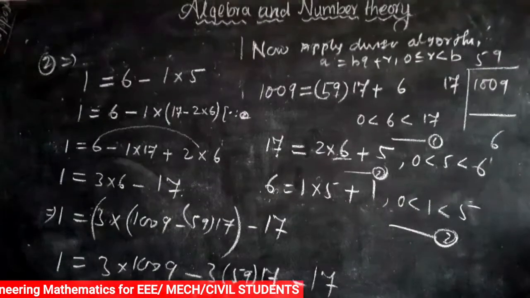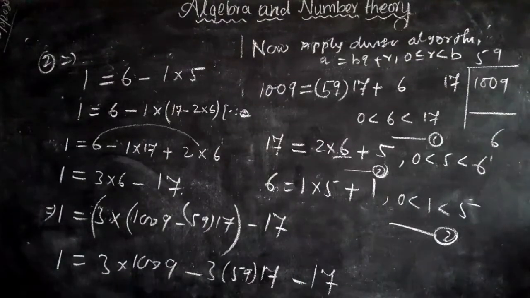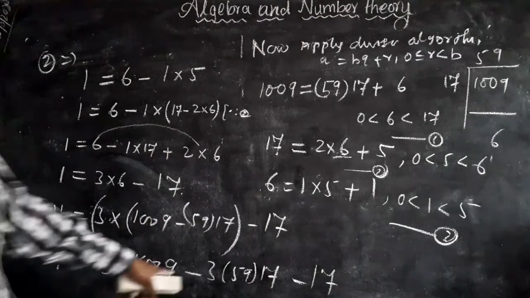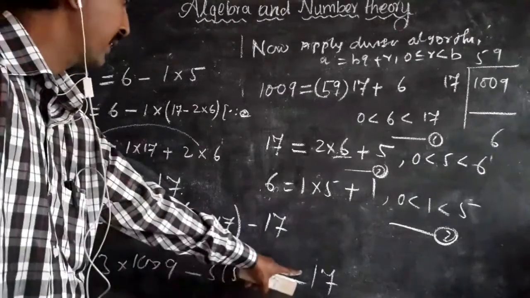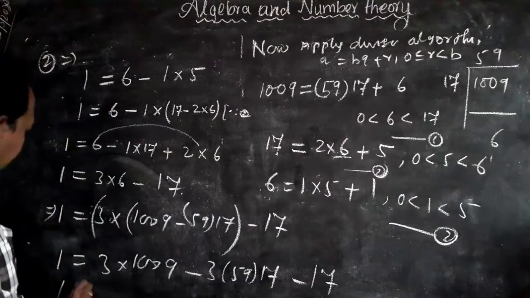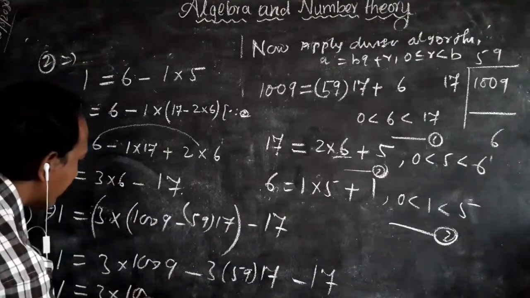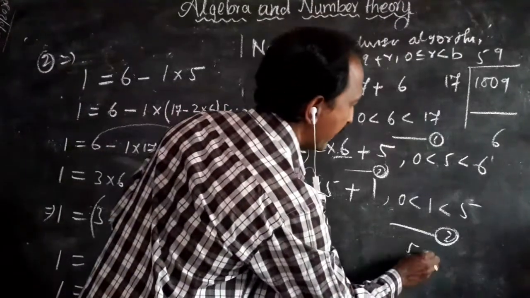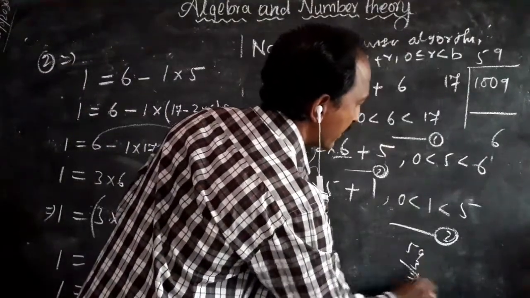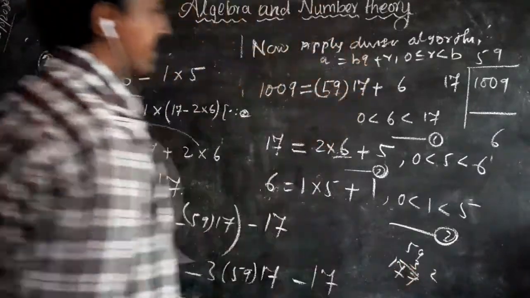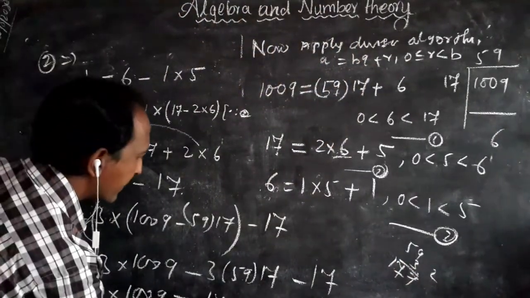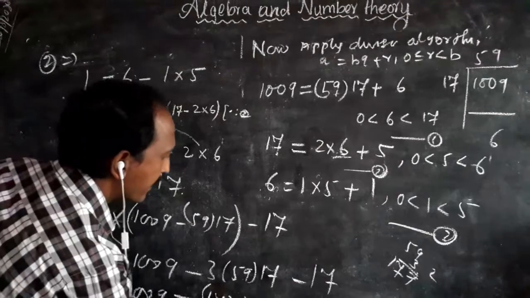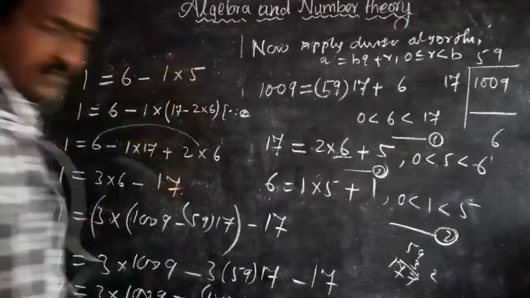So 1 is equal to 3 into 1009 minus 59 into 3, which is 177, into 17 minus 17.